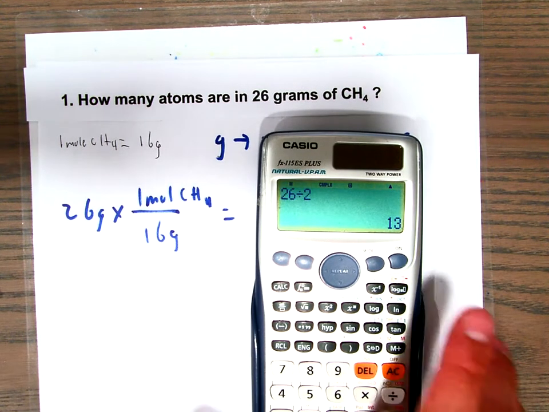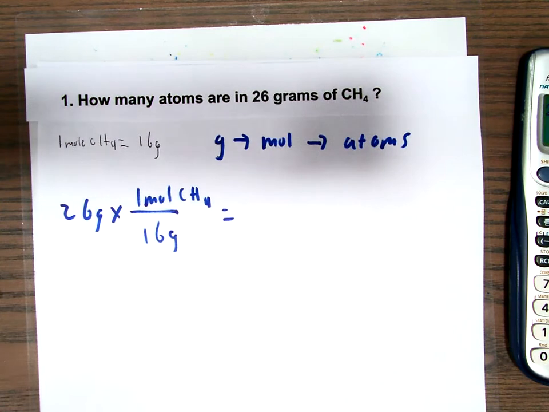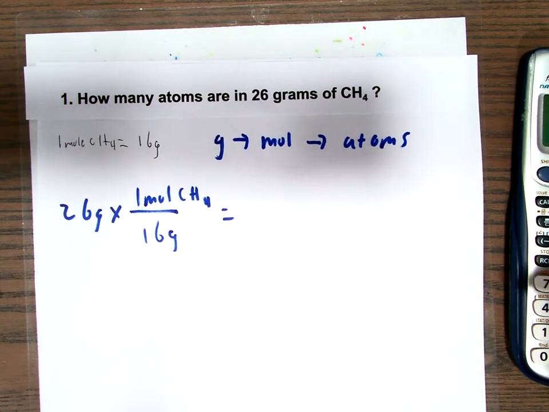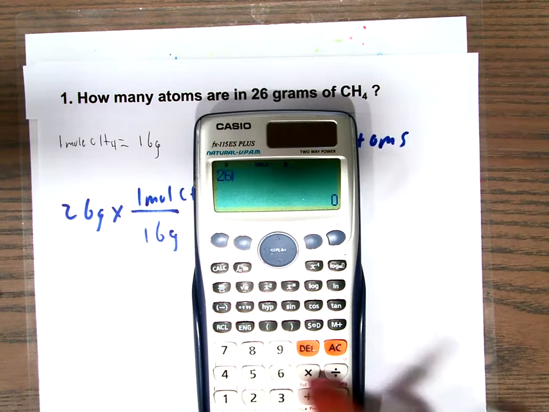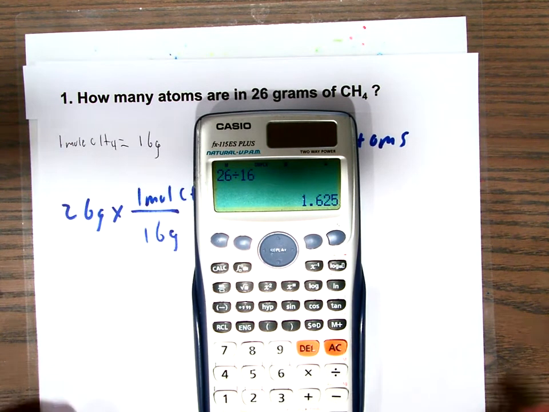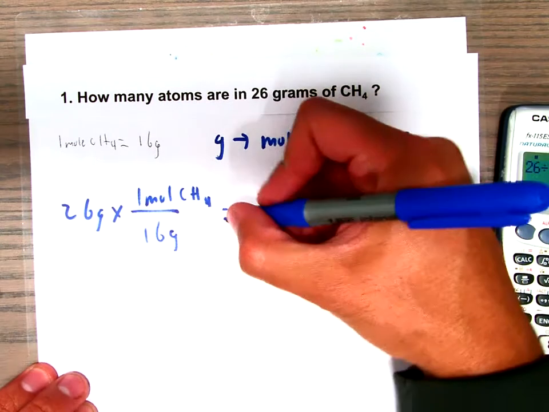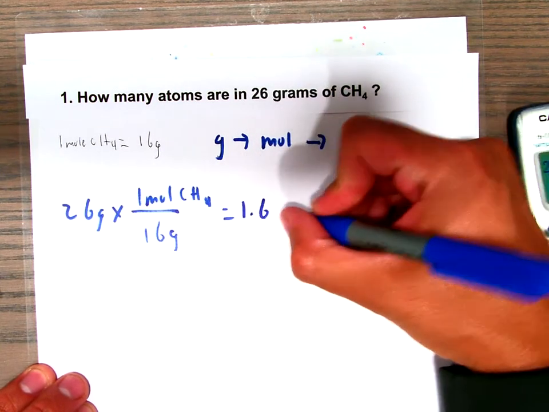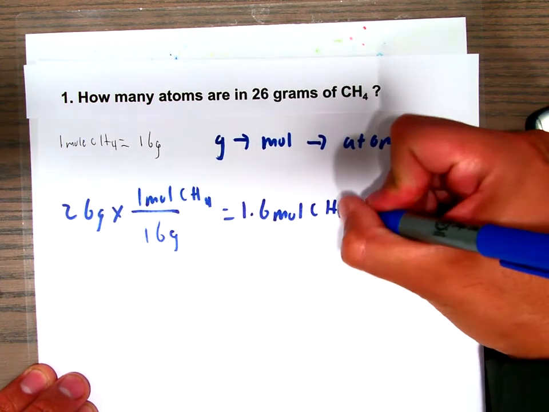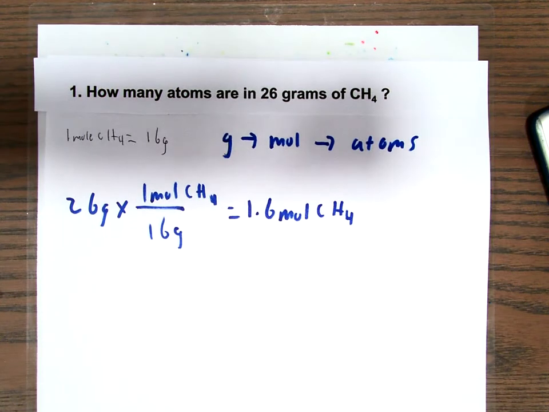Actually, sorry, 2.6 divided by 16. That would give me 0.1625. I'm going to round to the first decimal and make it 0.16 moles of CH4.